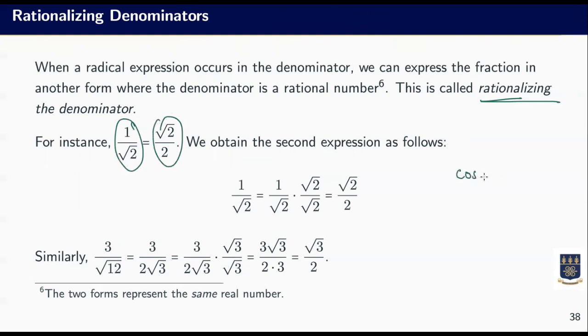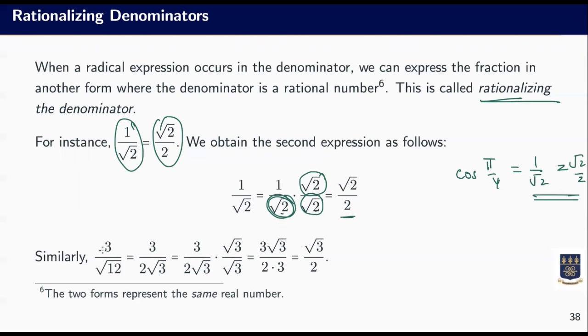If you've seen cosine of pi over 4, in some books, it's written as 1 over root 2, but in other books, it's written as root 2 over 2. They are the same. And the way we obtain the second expression is, notice that I have a root 2 in the denominator. So I multiply by a fraction which is 1, but it's written as root 2 over root 2. And these give me 2, and I have root 2 over 2.